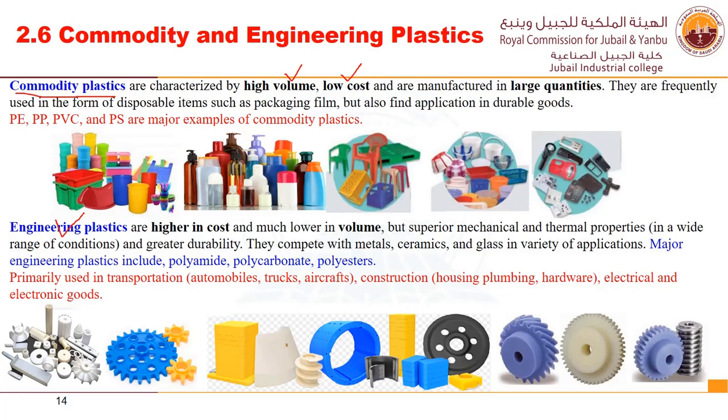And these polymers compete with metals, ceramics, and glass in various applications. These are examples. They are used in transportation, automobiles, trucks, and aircraft, construction, electrical, and electronics. They are durable, they are strong, and they are produced in low quantity. So they are called engineering plastics.